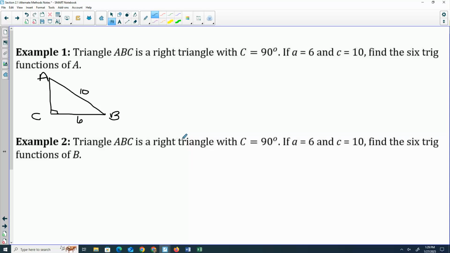Just like we have X and R, how do we get Y? Can you use the Pythagorean theorem? A squared plus B squared equals C squared. A was 6. C is 10.